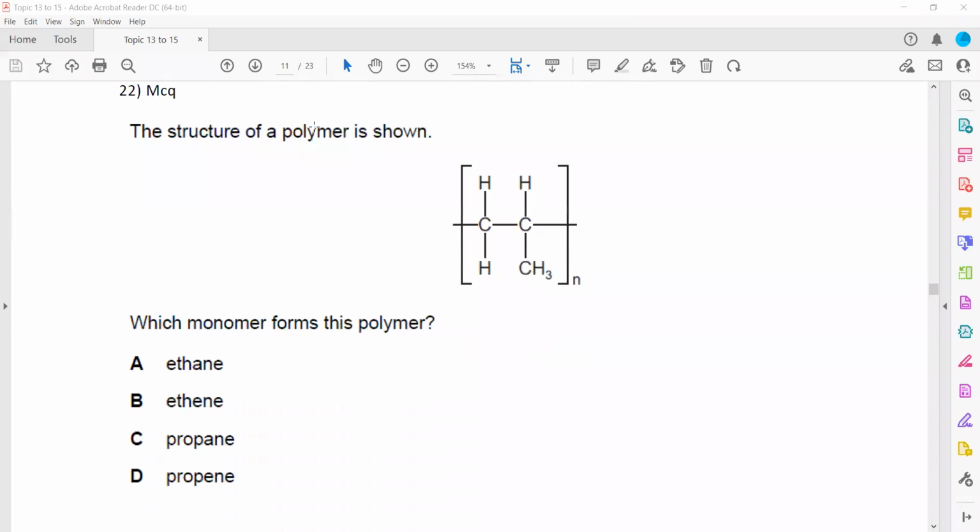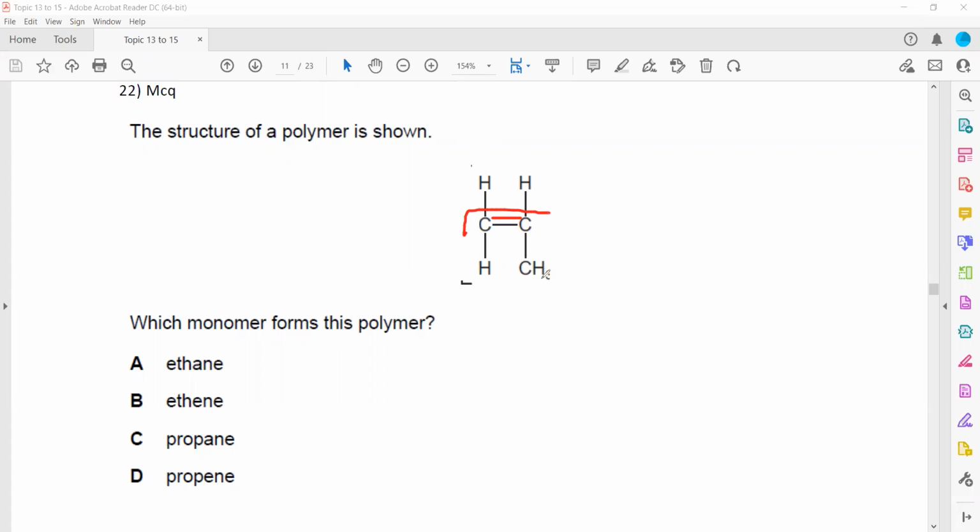The structure of a polymer is shown. Which monomer formed this polymer? How to identify the monomer? You just remove these bonds from the side and make a carbon-carbon double bond. So what is this structure? A compound contains 3 carbon atoms, 1, 2, 3, and there is a double bond.